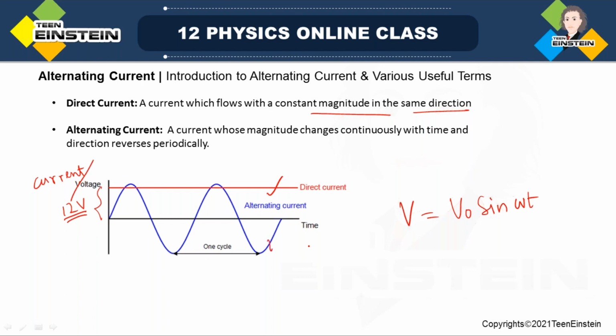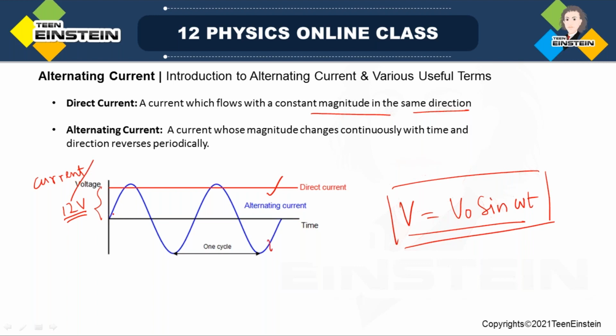This is how you can represent alternating current or voltage. That means AC signals can be represented with sinusoidal variation.